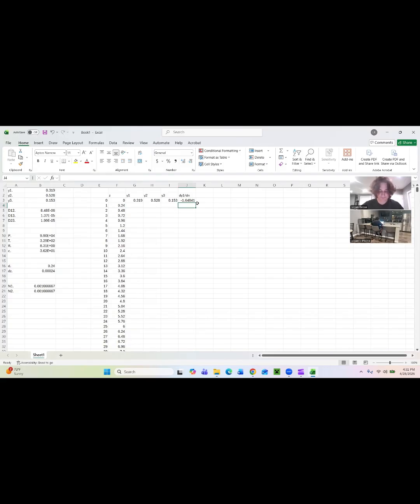And then we can look at the second equation, which was dy2 over dn, right? And so what does that equal?